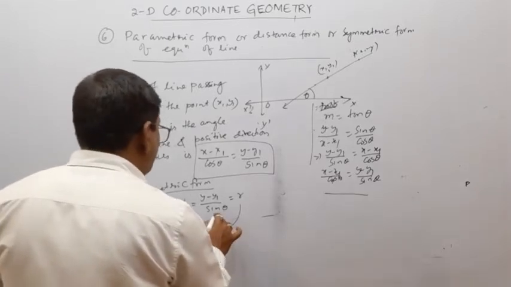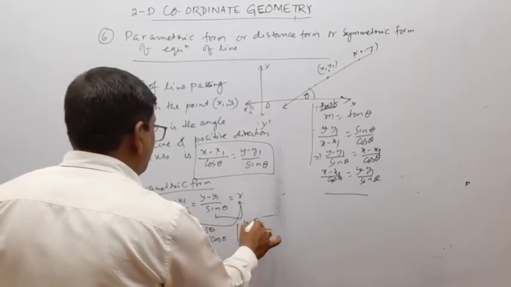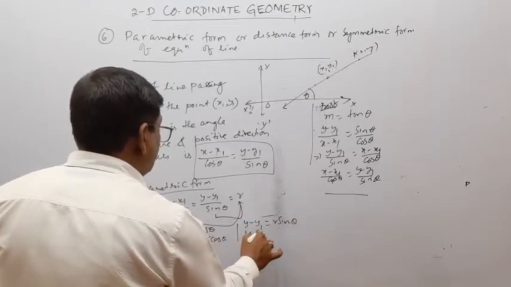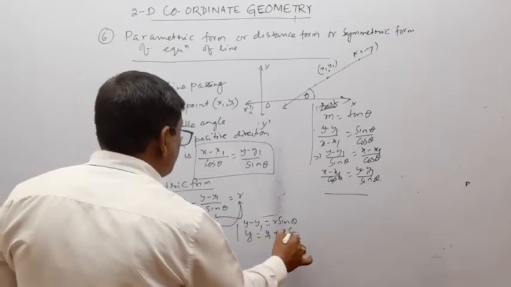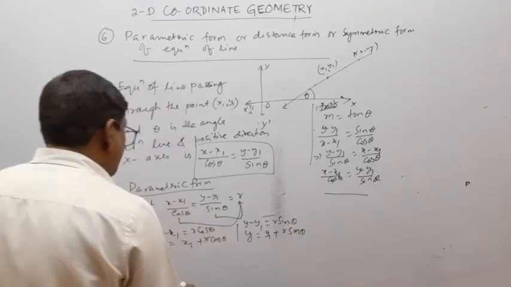Similarly, taking these two, we get y minus y1 is equal to r sin theta, and y is equal to y1 plus r sin theta. This is parametric.